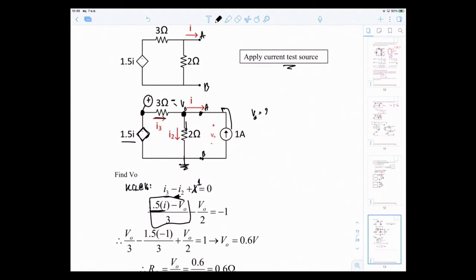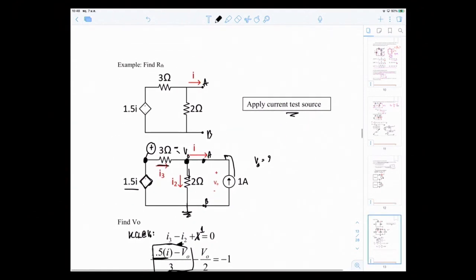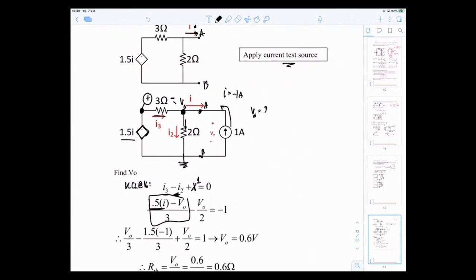So you do the math, and you also get the answer for I. If you insert 1 amp, you see that I is in the opposite direction, so your I here is equal to minus 1.